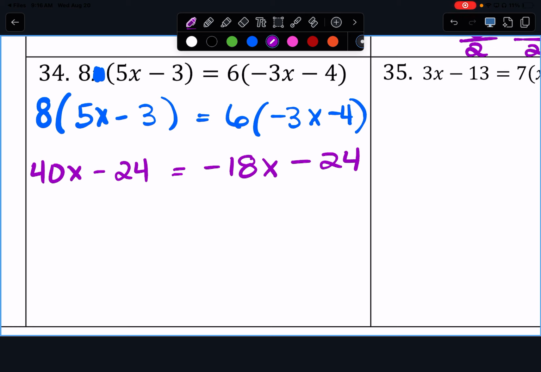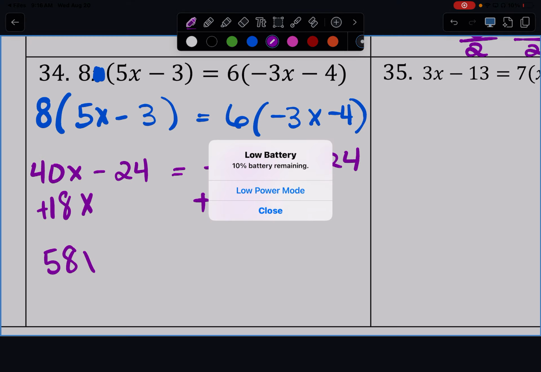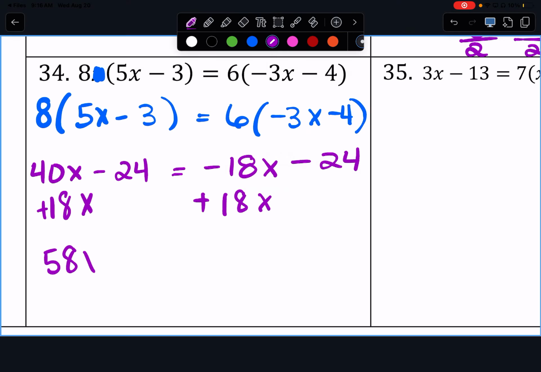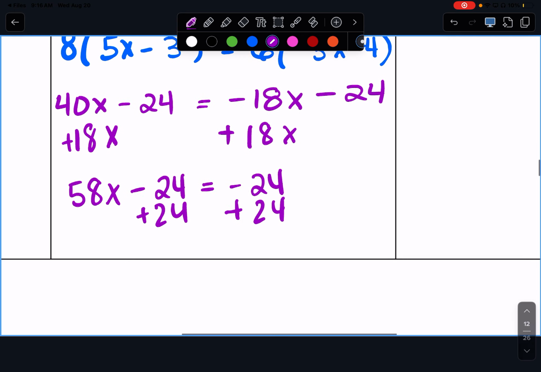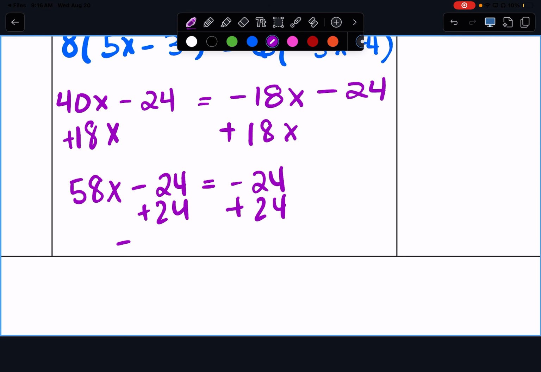All right, from there, what do y'all want me to do to solve this? I'm going to add 18. So that gives us 58x minus 24 equals negative 24. What now? What is negative 24 plus 24? 0. So we get 58x equals 0.